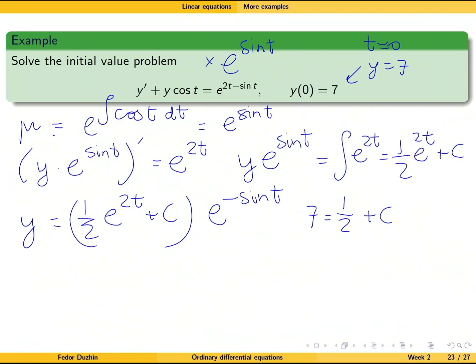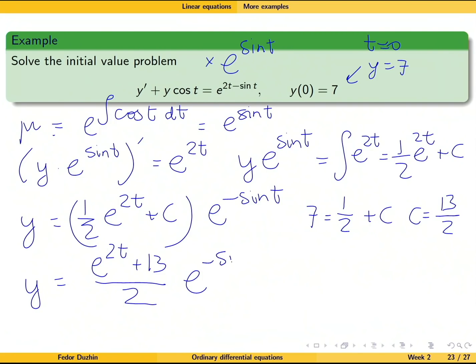So c equals 7 minus 1/2, which is 6.5, or 13/2. So finally y equals 1/2 e to the 2t plus 13/2 times e to the minus sine t. So that's the final answer, and let us quickly verify it.